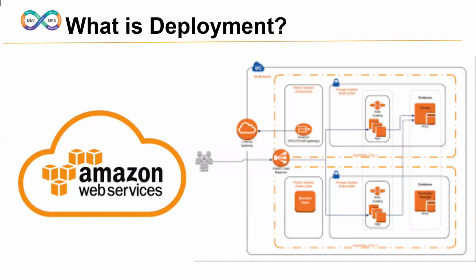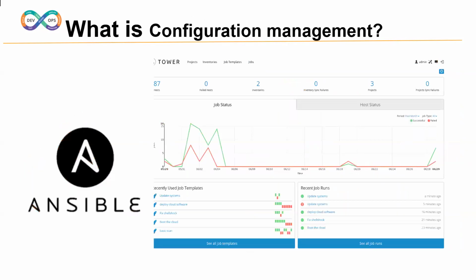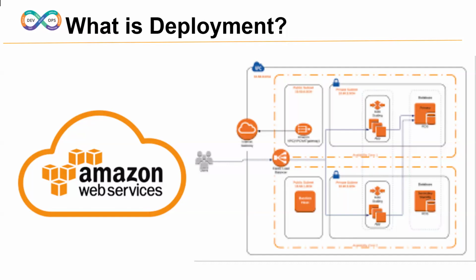Yes, we can use Azure, Google or any cloud, but in this course we are going to learn AWS. By using AWS, we can get hundreds of servers. Those hundreds of servers we can automate by helping of Ansible, a configuration management tool.